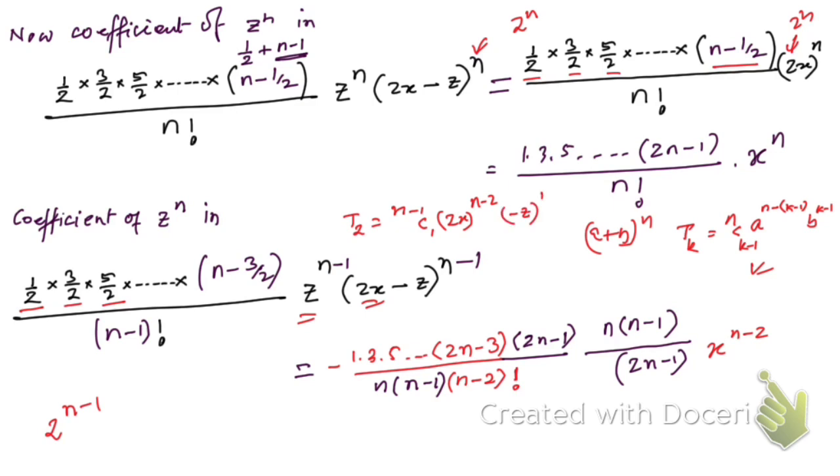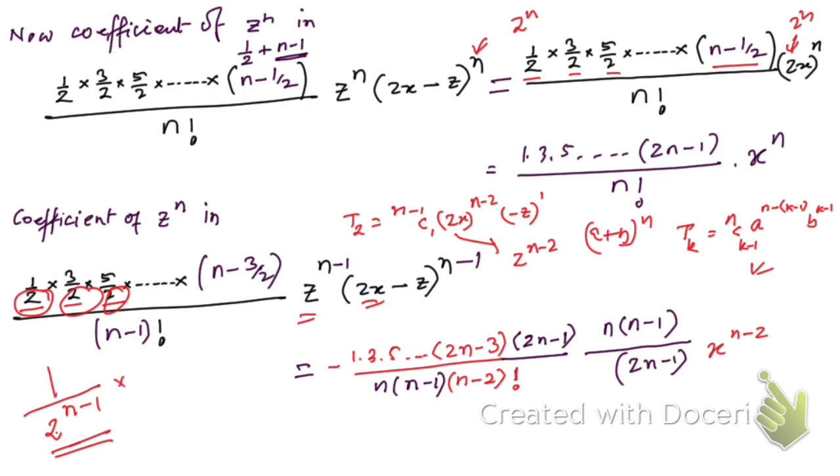So here we are going to have 2 to the power n minus 2, right? And the product of these denominators is 2 to the power n minus 1, so this product will appear in the denominator.